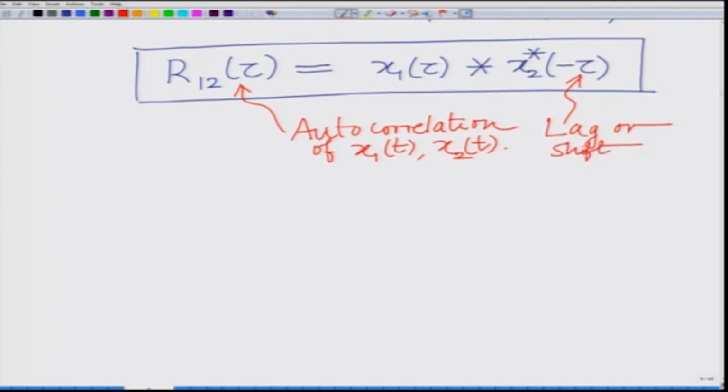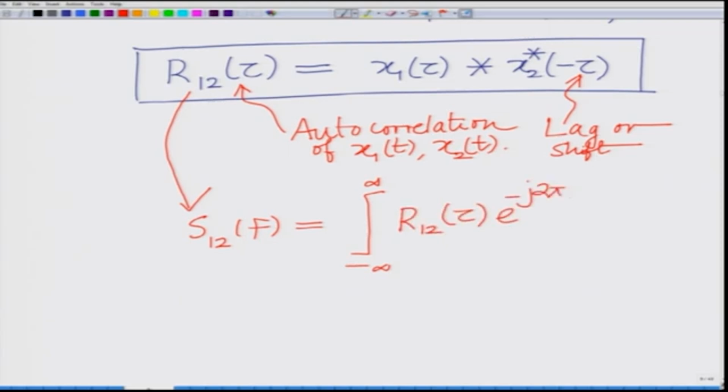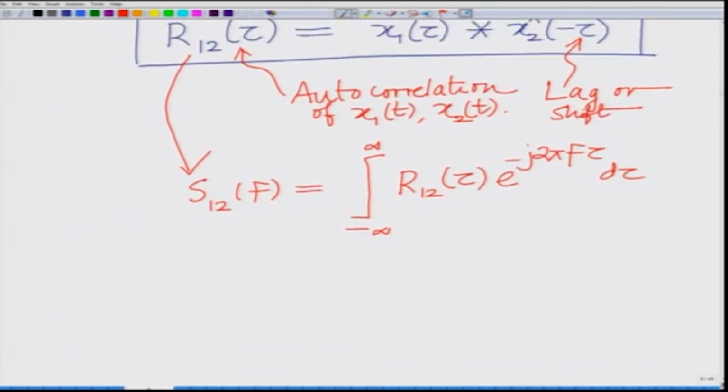Now, if we take the Fourier transform of this, denoting it by S12(f) equals the integral from minus infinity to infinity of R12(tau) e to the power of minus j 2 pi f tau d tau, then we know that convolution in the tau domain is multiplication in the frequency domain.